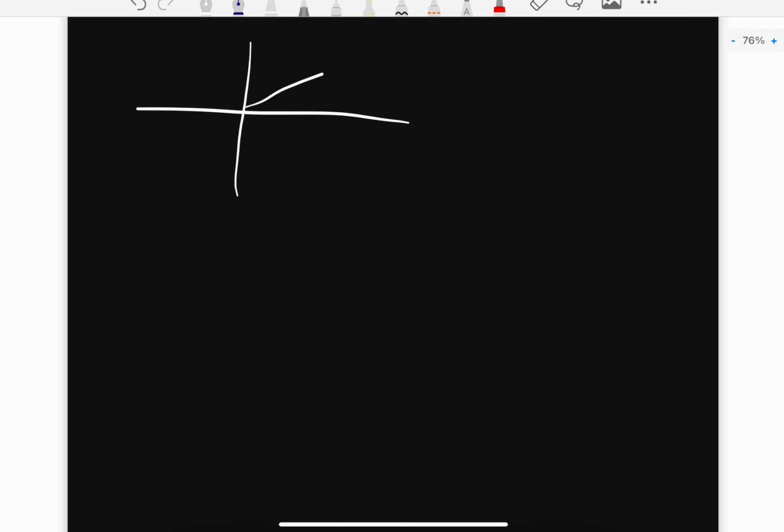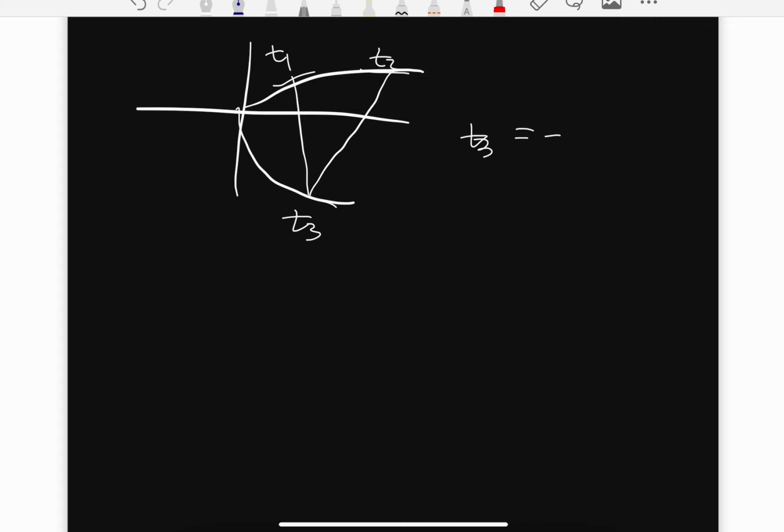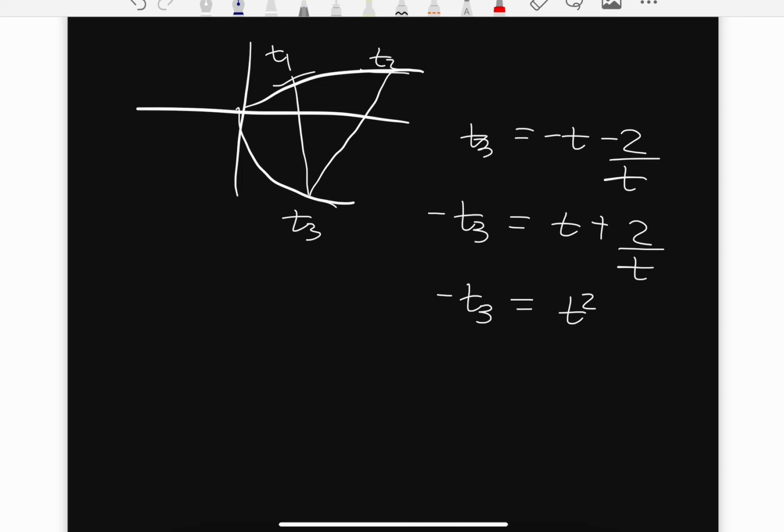T3 equals minus T minus 2 by T, so minus T3 equals T plus 2 by T. So T squared plus T into T3 plus 2 equals 0.